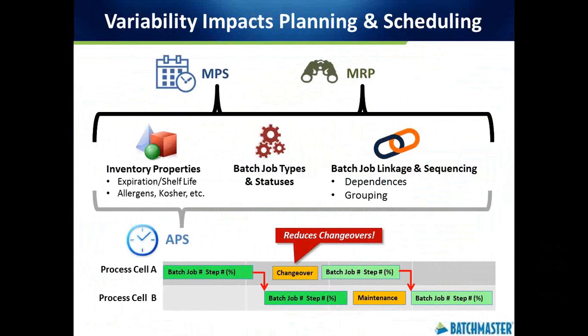With MPS, MRP, and APS, the variability of your food product and your food inventory definitely impacts planning and scheduling based on their properties, such as expiration dates, shelf life, allergens, and kosher. All that comes into play as far as planning production orders and sequencing them, prioritizing them, and grouping them together. In an APS, obviously, one of the biggest things with allergens is to reduce the changeovers.